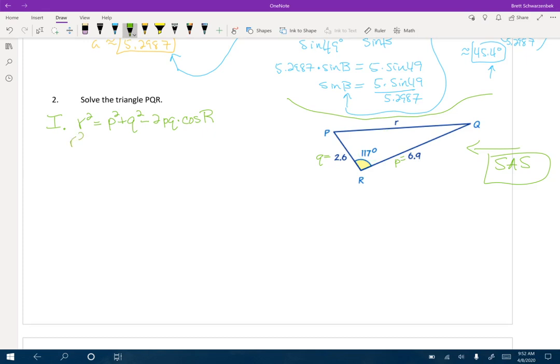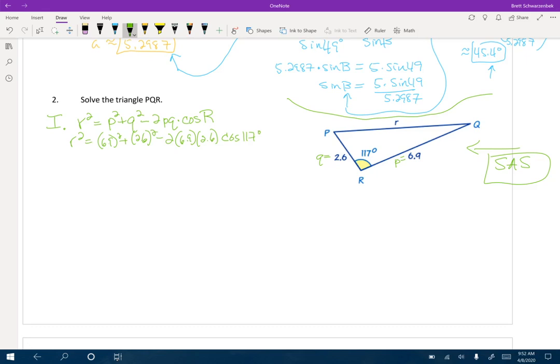So R squared is going to be equal to 6.9 squared plus 2.6 squared minus 2 times 6.9 times 2.6 times the cosine of our angle 117. Okay, so this is a lot messier.